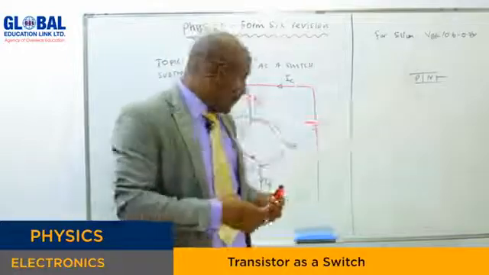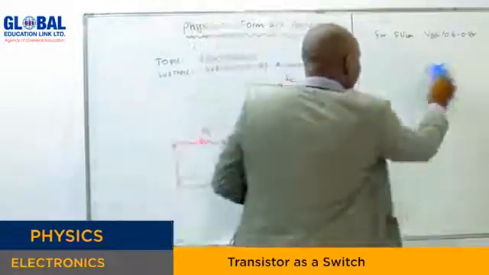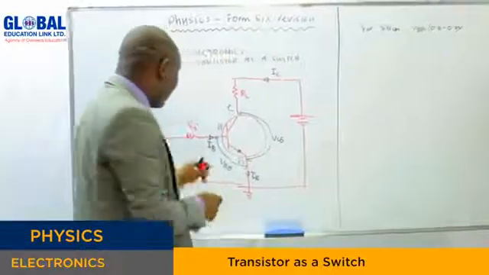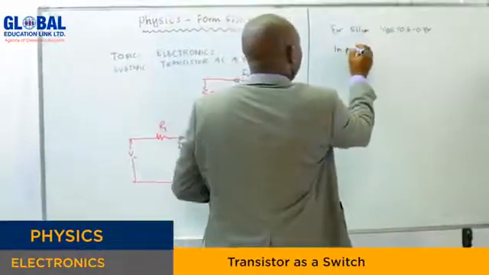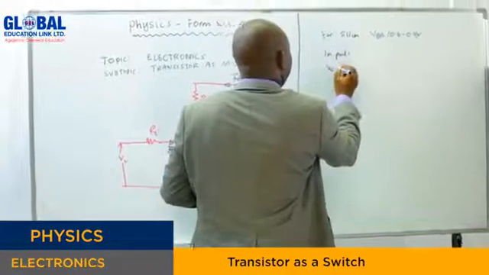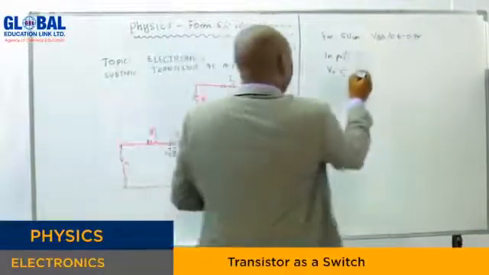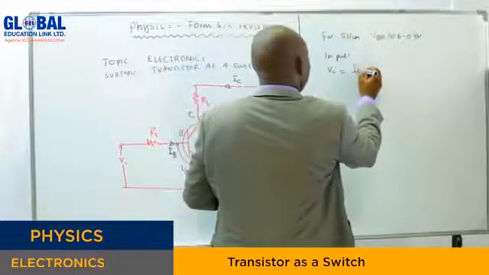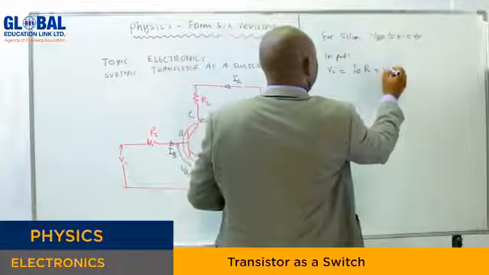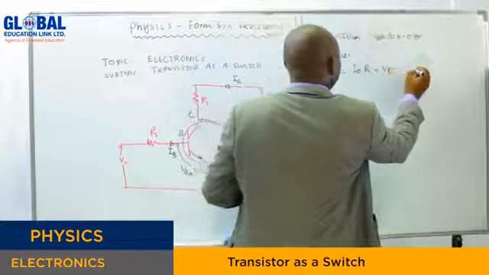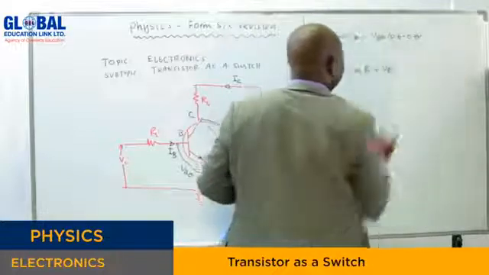When you overcome that barrier, the current will flow. Even for a transistor, for the input circuit, the input voltage is given by VI = IB R input + VBE. That is equation 1.